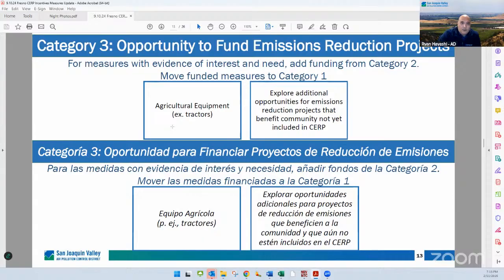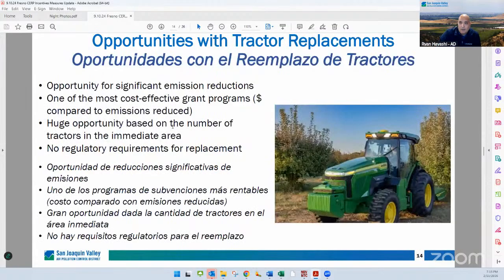And then, part of the reason why we meet with you to talk about this is seeking advice on things that we're not thinking of. And so there's still an opportunity for that. So kind of just what I talked about before, there's just a lot of emission reductions associated with tractors.